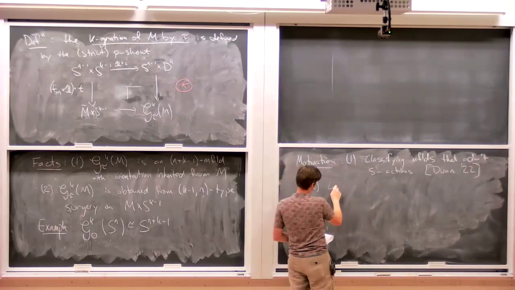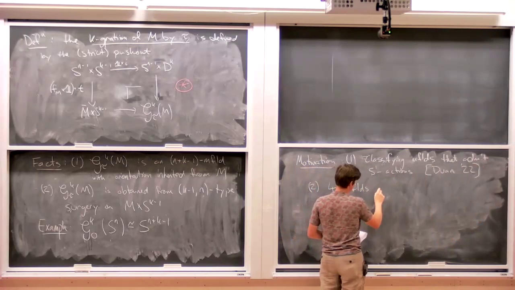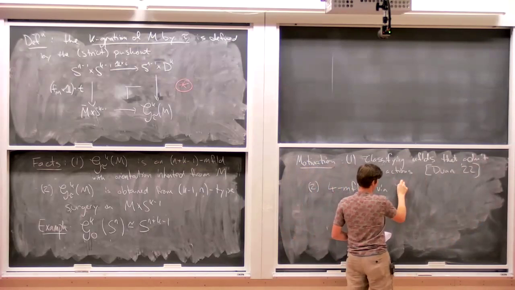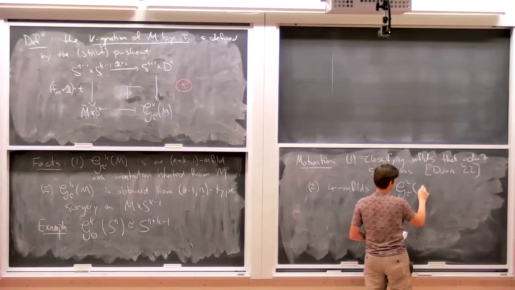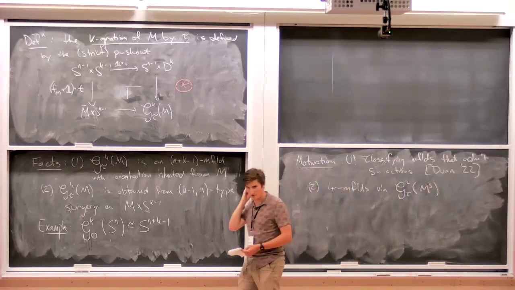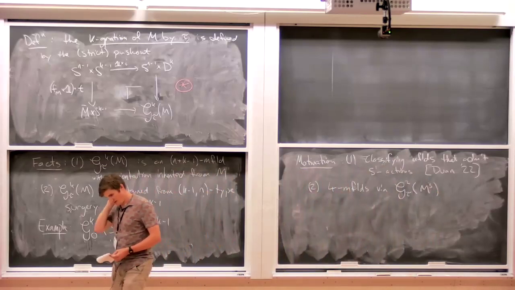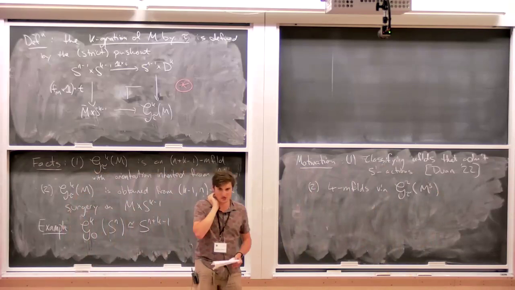Second place is thinking about four-dimensional manifolds via some index 2 gyration of a 3-manifold. Maybe I stand a better chance of trying to understand this complicated 4-manifold if I know it arises as a gyration.